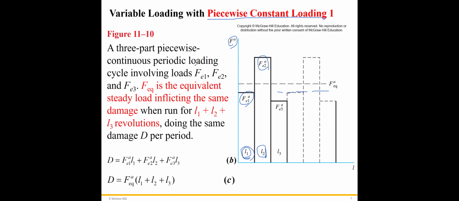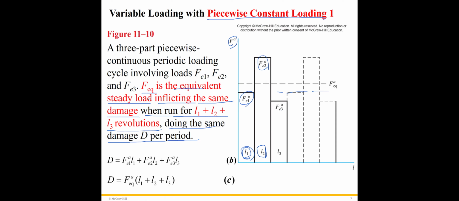And then we define FEQ as the equivalent static load inflicting the same damage when run for L1 plus L2 plus L3 revolutions, doing the same damage D per period.